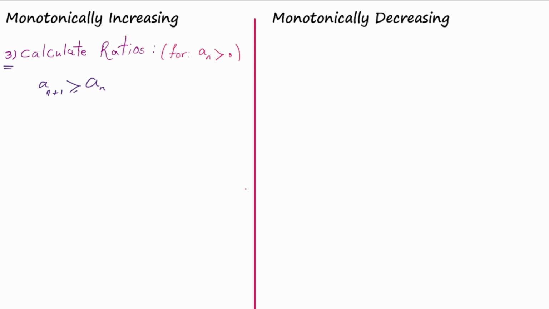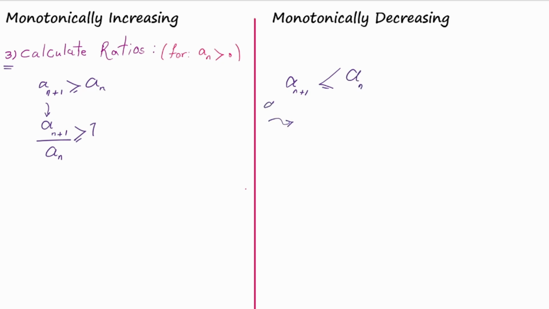So by dividing both sides by a sub n, we have a sub n plus 1 divided by a sub n greater than or equal to 1. In a similar way, for a decreasing sequence, a sub n plus 1 is less than or equal to a sub n.